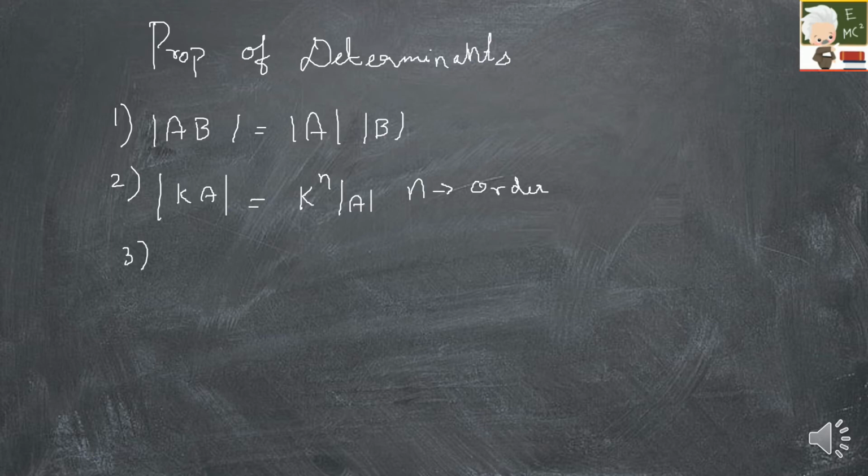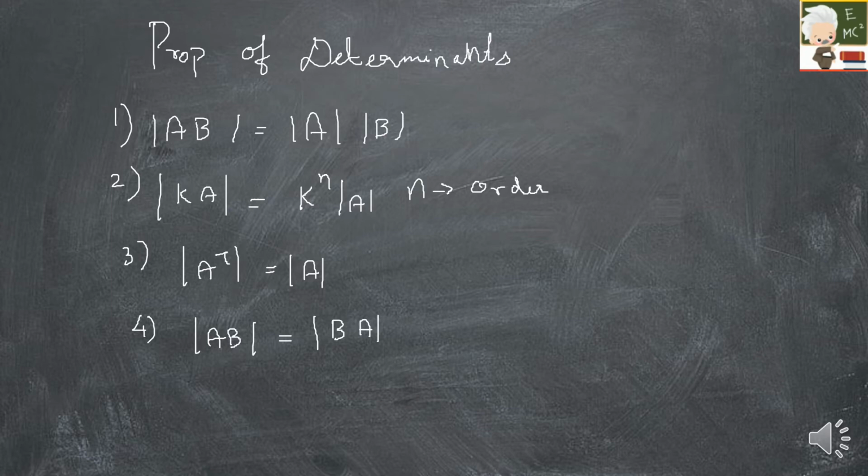Next, the determinant of A transpose is the determinant of A. Fourth, the determinant of AB is equal to the determinant of BA. So these are some properties for determinants.